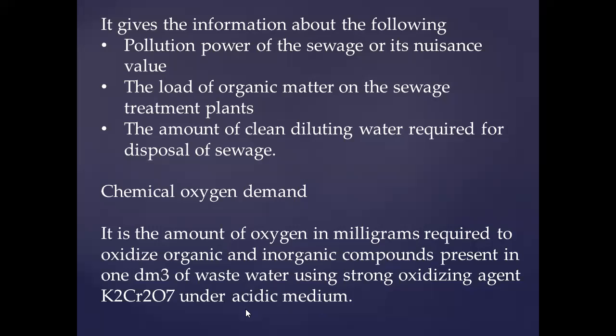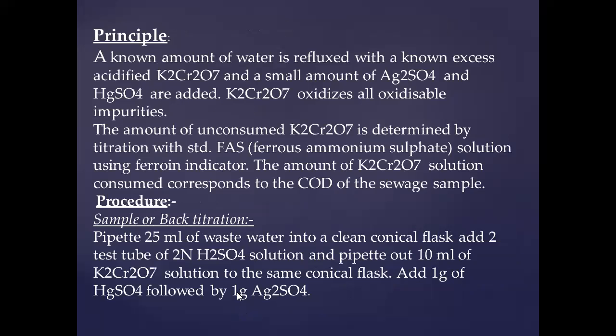It is measured by back titrating the amount of K2Cr2O7 which is not consumed. The principle behind this method is that a known amount of water is refluxed with a known excess of acidified K2Cr2O7. Acidified K2Cr2O7 means we take a potassium dichromate solution and to that we add H2SO4.